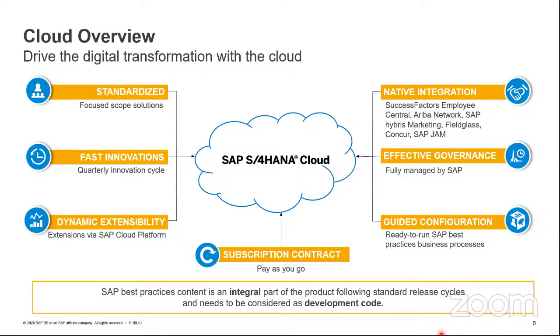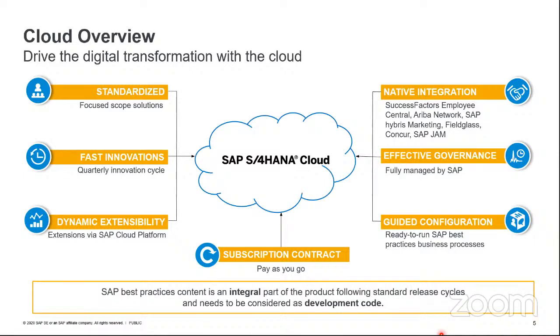The second part is faster innovations. Why faster innovations? Earlier, in our previous times of ECC, SAP used to release upgrades, patches, notes, pilot notes, and things like that. There were many ways of releasing, many cycles. Customers were sometimes skeptical of deploying these upgrades because of the cost involved.